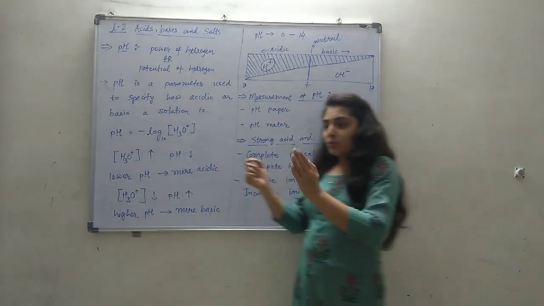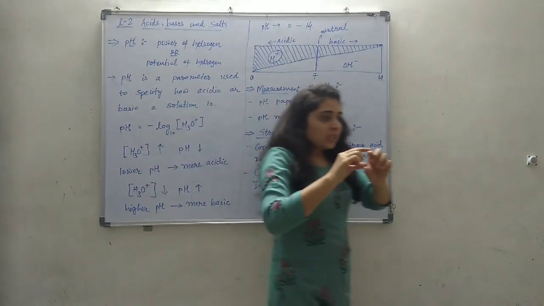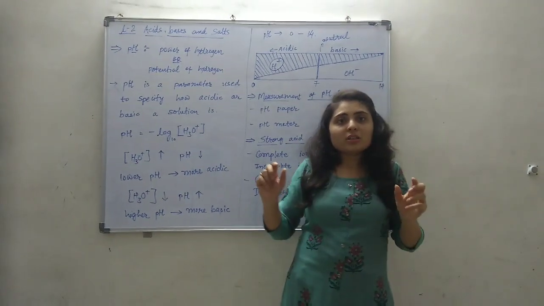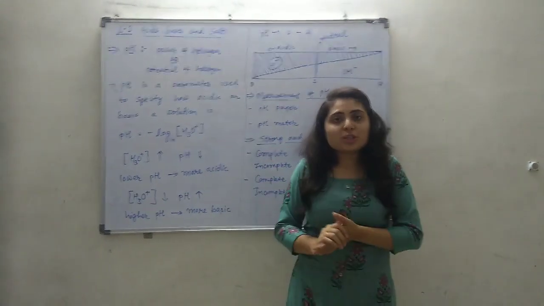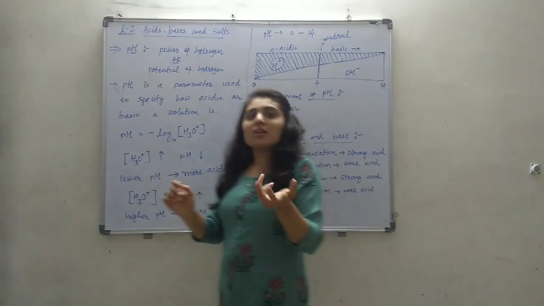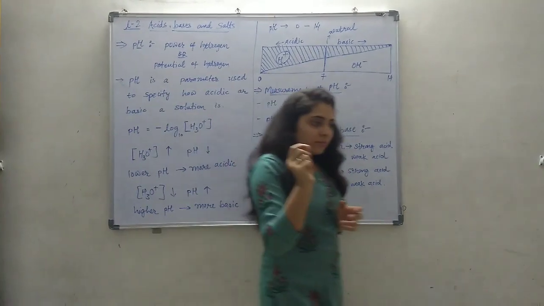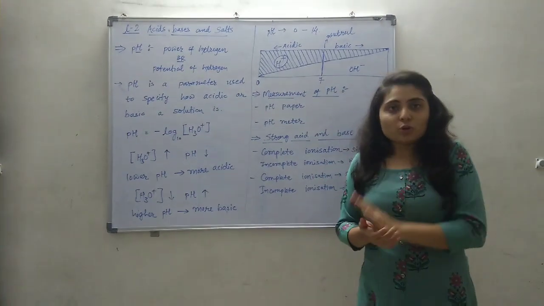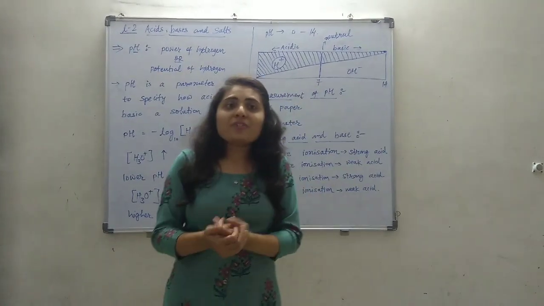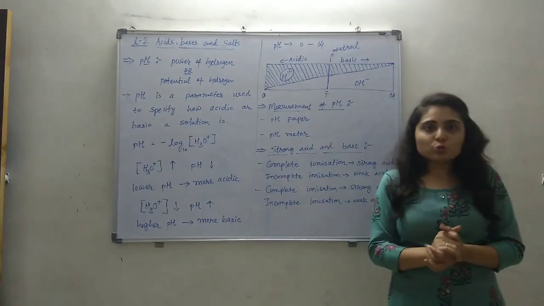With that pH paper, a calibrated range of colors is given. Depending on the color you get, the pH value of a solution can be identified. If you get red color, the pH value ranges from 1 to 2.